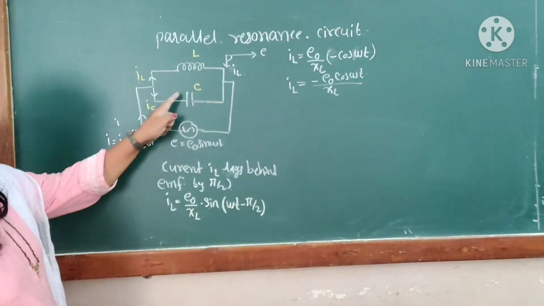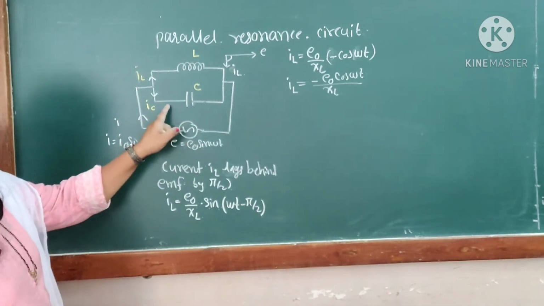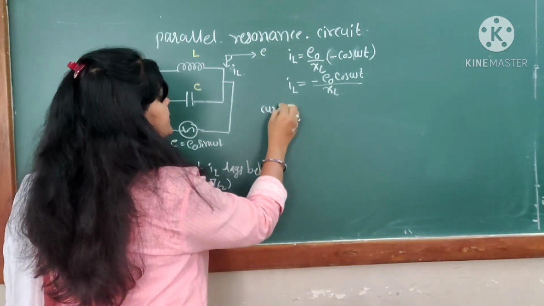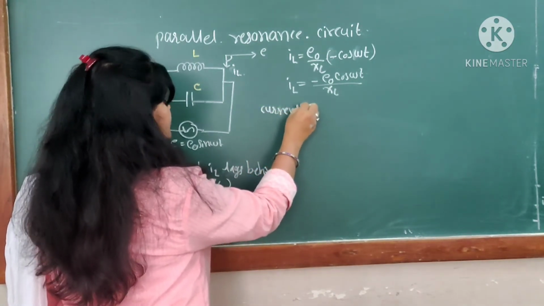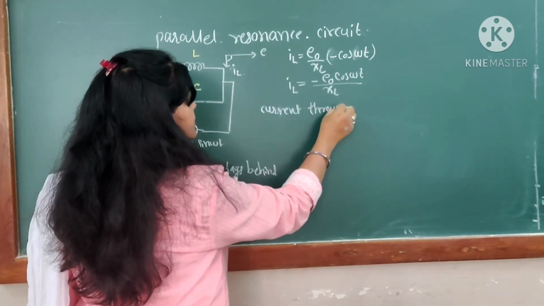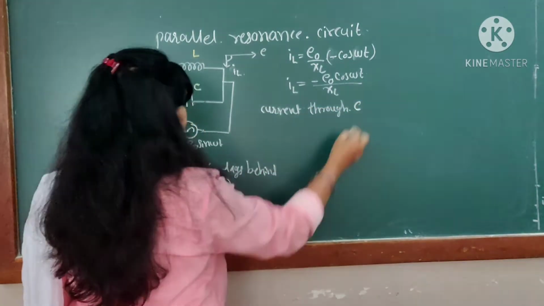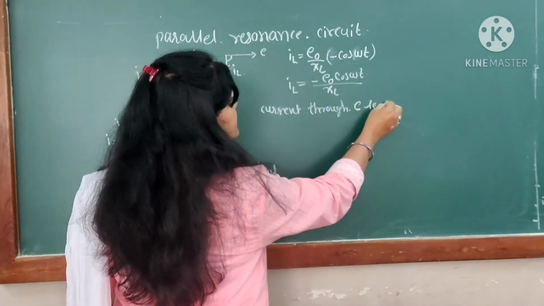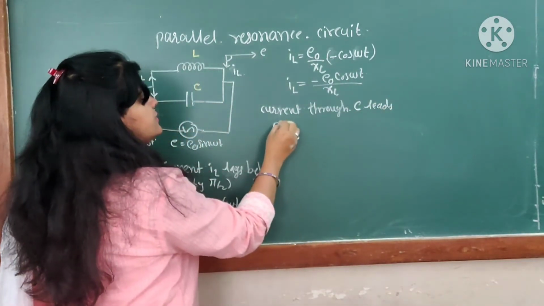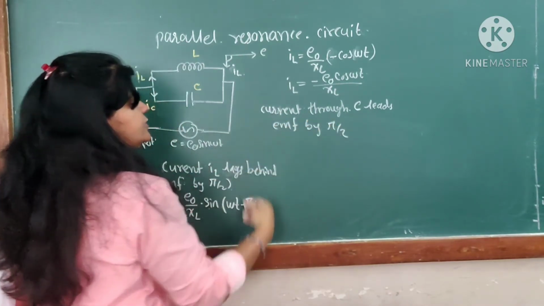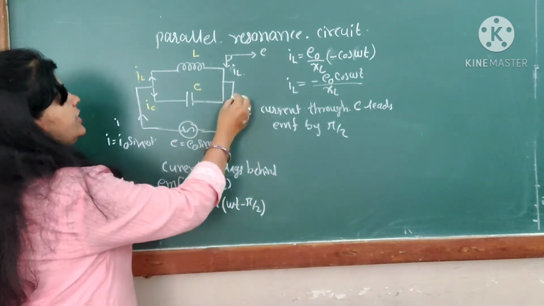Next, for the capacitor, the current through the capacitor, IC, leads the EMF by pi by 2. Here the opposite is happening, and we draw the graph of it.